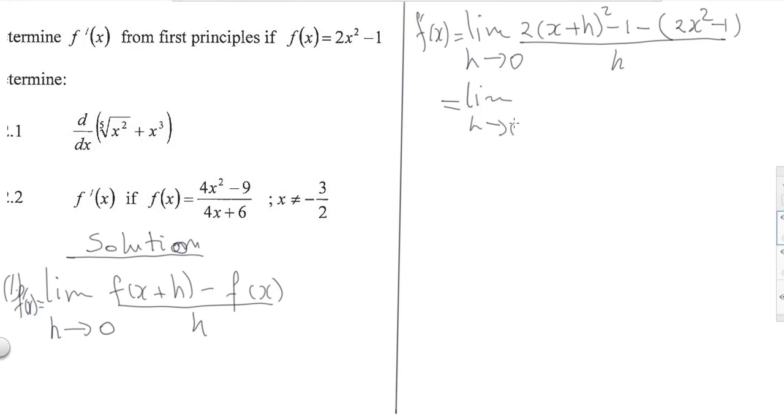When h tends to 0, we have a 2 times the bracket: x squared, then 2xh, then also h squared, minus 1. Then we remove the bracket, here will be 2x squared, and you multiply, there will be plus 1, all over h. Now we see minus 1 plus 1 we cancel.